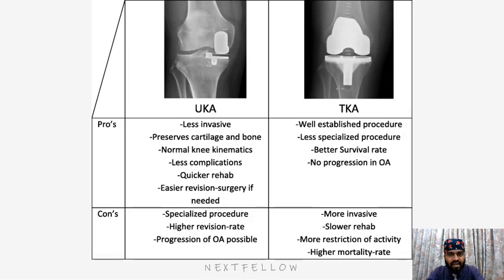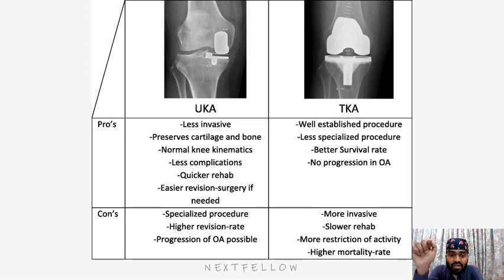Now, in this slide, I have tried to give a comparison between a unicondylar knee arthroplasty and a total knee arthroplasty. As you can see the X-ray properly over here, in a unicondylar knee arthroplasty, as we had discussed before, the medial compartment, that is, the medial femoral condyle and the medial tibial condyle has been replaced.